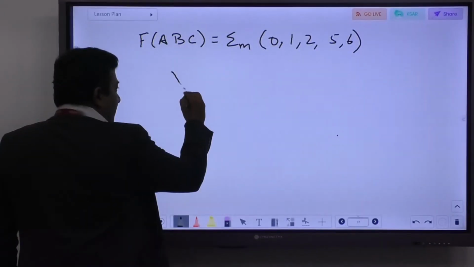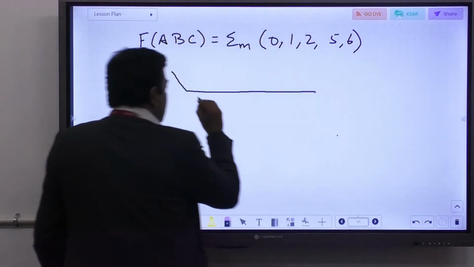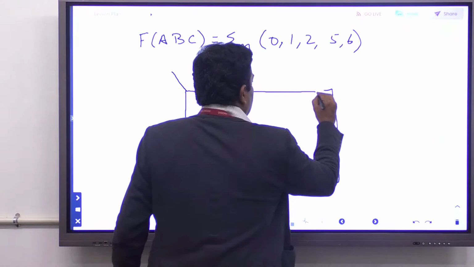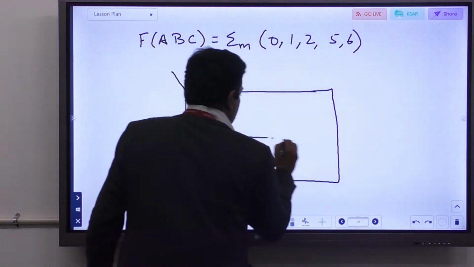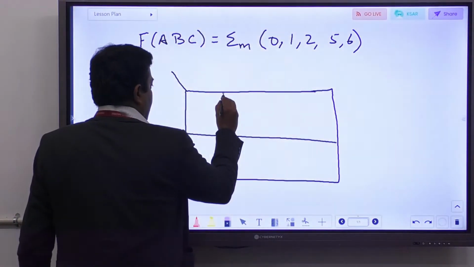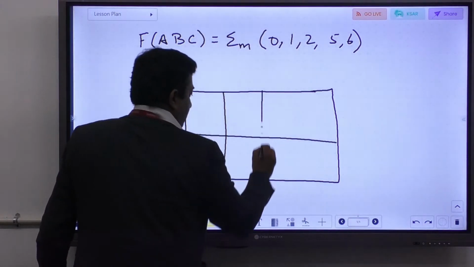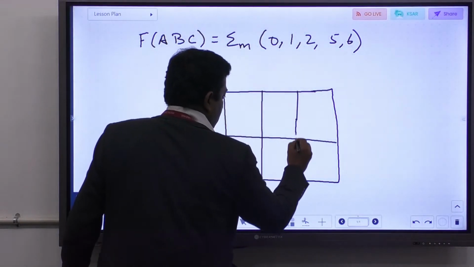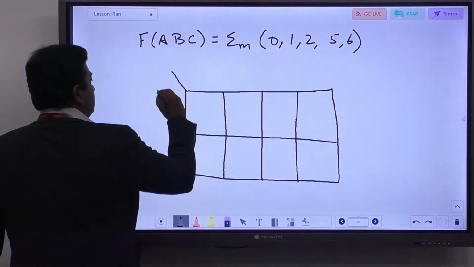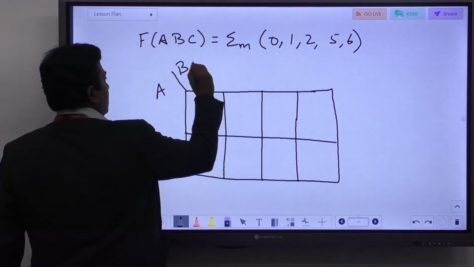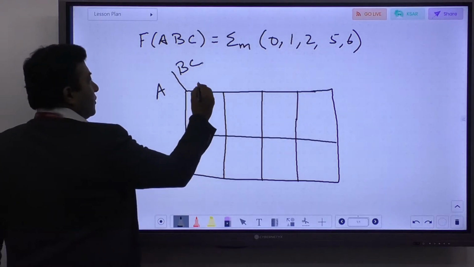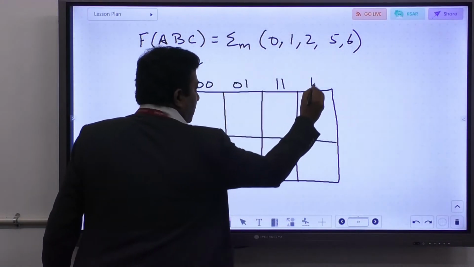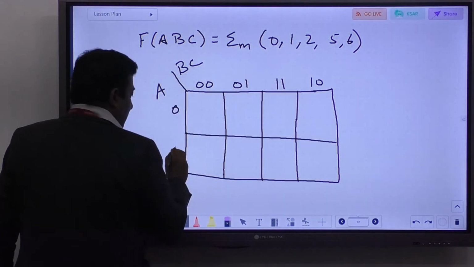So a three variable K-map, as we had discussed already, was of this sort: 0, 0, 0, 1, 1, 1 and 1, 0. This is 0 and 1.